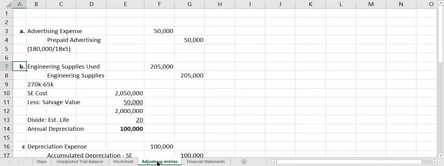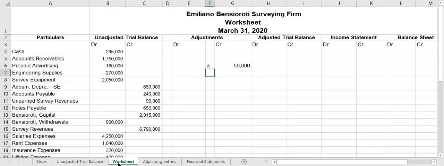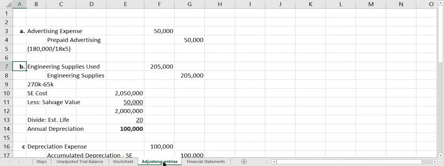Now, the next adjusting entry, letter B, that's a debit to engineering supplies used and credit to engineering supplies for 205,000. So, to transfer said adjustment to the adjustment column of our worksheet, okay, we debited engineering supplies used.